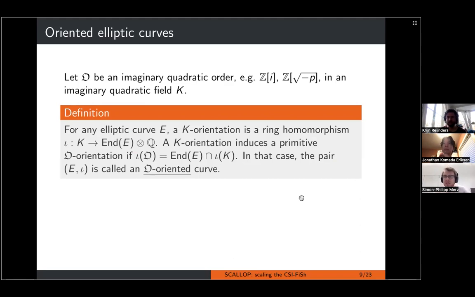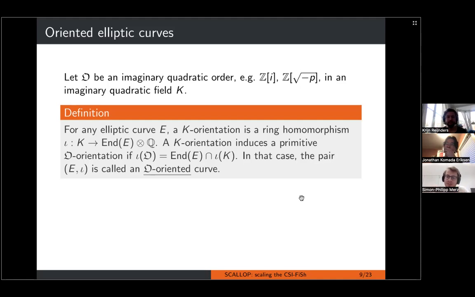This was first introduced as a framework by Leonardo Colò and David Kohel. So you have an imaginary quadratic order, and then we say we have an orientation if you have a homomorphism that embeds some imaginary quadratic field in your endomorphism algebra.